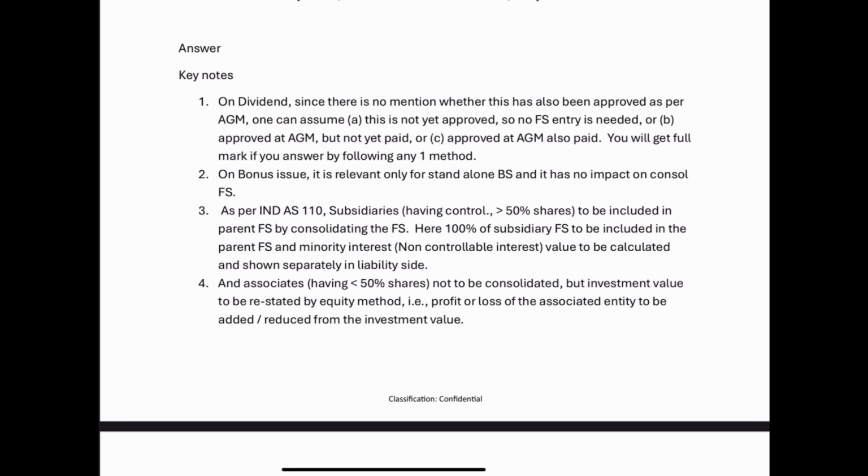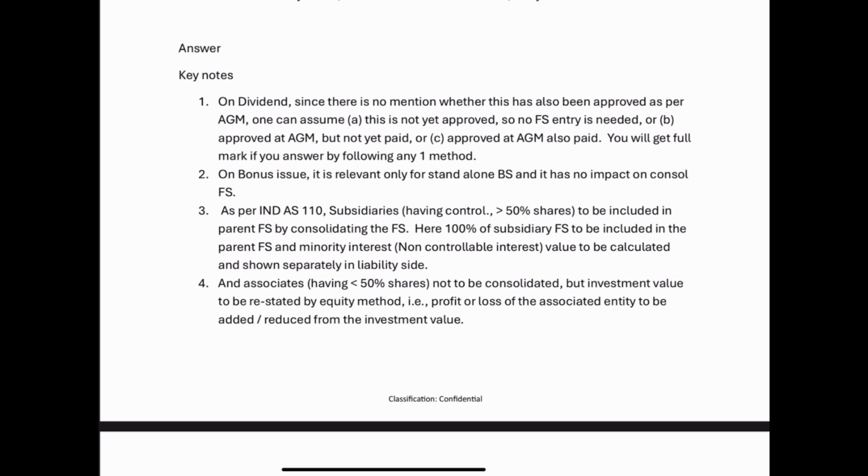In that case, we can make assumptions. First, assume the AGM has not yet happened. Even though the dividend has been proposed, since it is not approved at AGM level, we don't have to do any adjustment, so we can simply ignore the dividend in the consolidated financial statement. That could be one scenario.